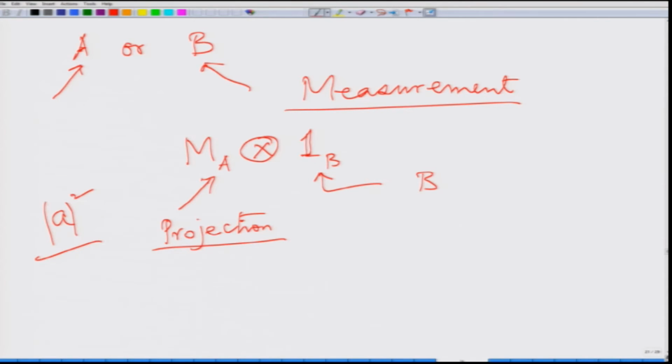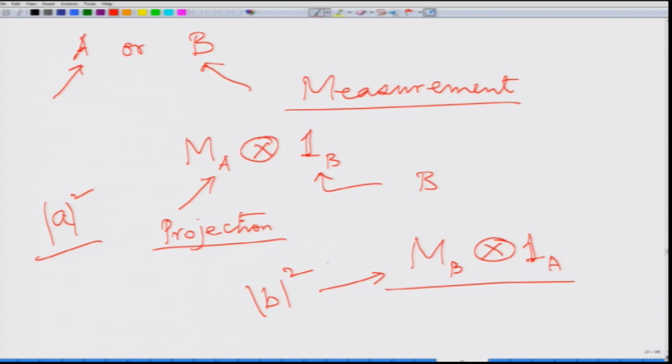If instead I used this one, then we are doing the other measurement, which is my B measurement, and because I am taking a projection in this direction, this one again is identity.